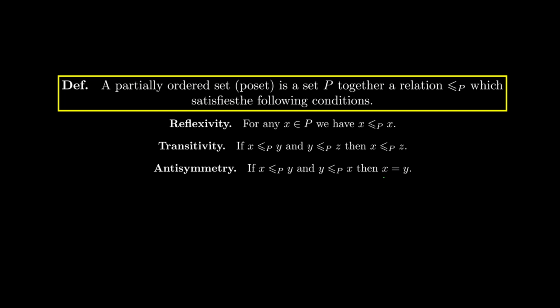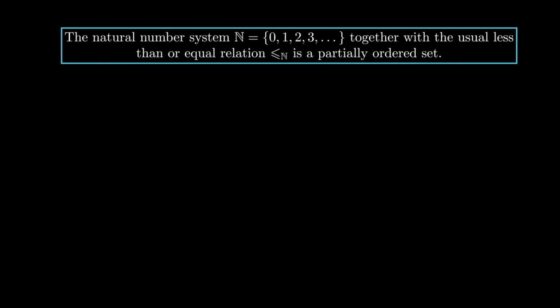All right, so let's jump into just a few examples of how this works. Here is the usual natural number system, the counting numbers, 0, 1, 2, 3, up to infinity. And we want to equip this with the usual less or equal relation of integers. Let me be very clear about what we mean by this less or equal relation. If we're allowed to talk about addition of natural numbers, then we can define this less or equal relation in the following way.